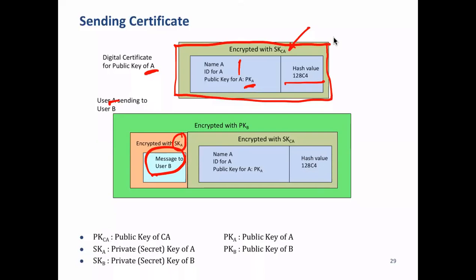Now Bob cannot trust Alice's public key in between because Mallory can be there. So now Alice also attaches to this mail the public key of her, right? Which is nothing but in the form of a certificate. This she has received from the certification authority. Okay.